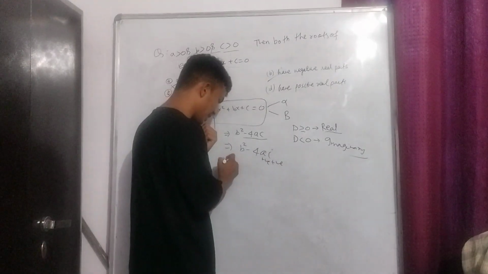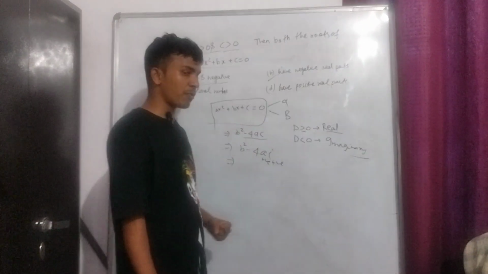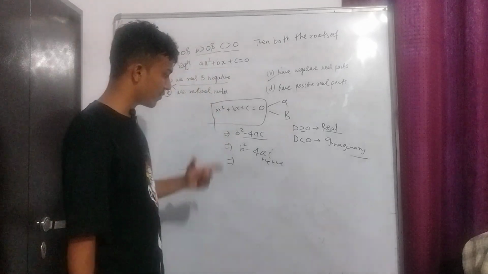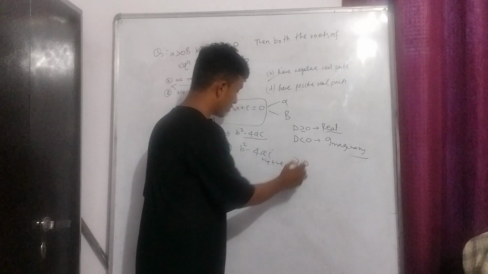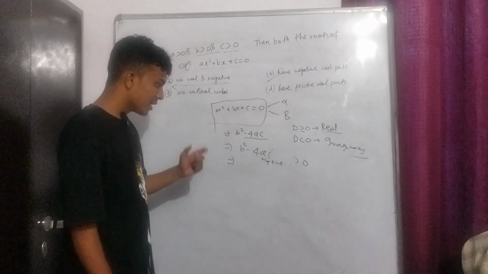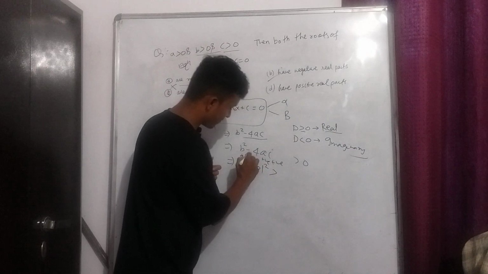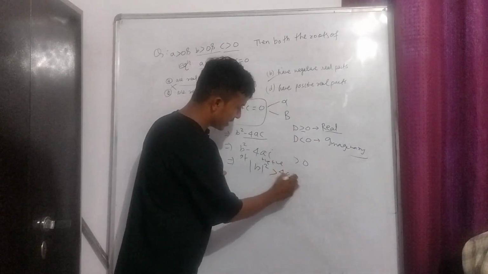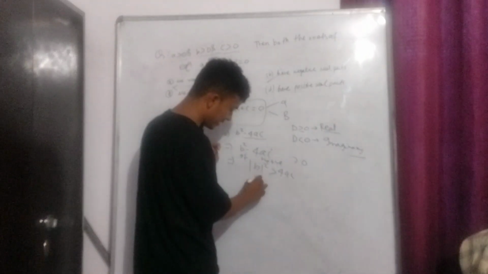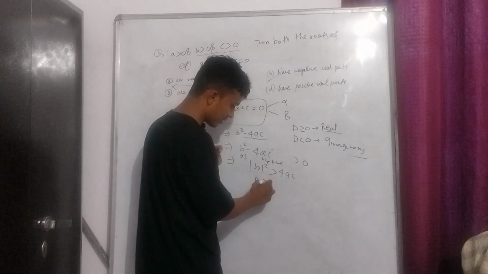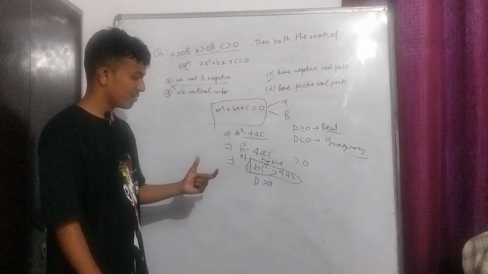There is a possibility that the magnitude of b square is greater than the magnitude of 4ac. If that happens, then we can say that D will be greater than 0. But to say this, we don't have enough information.